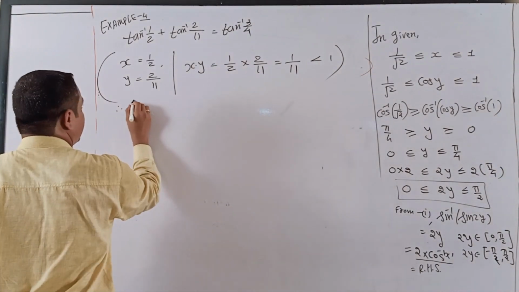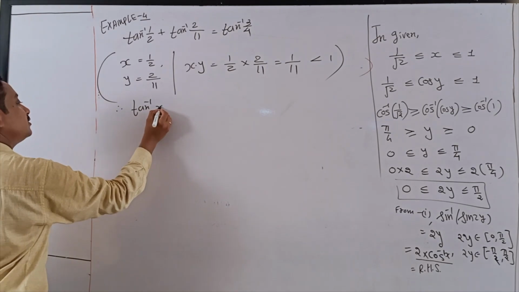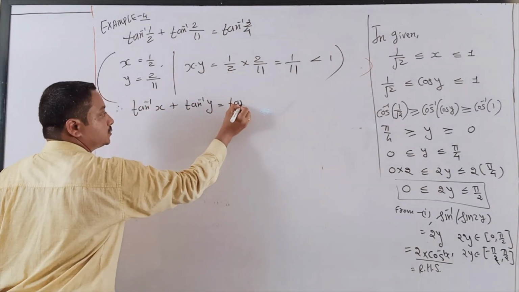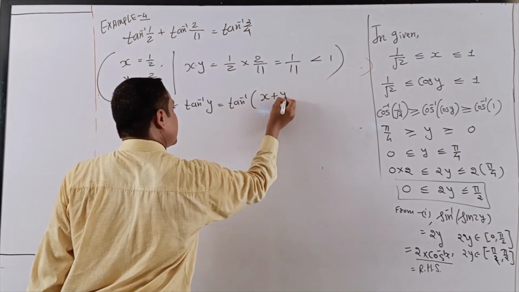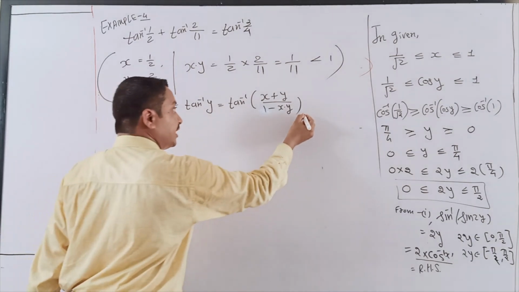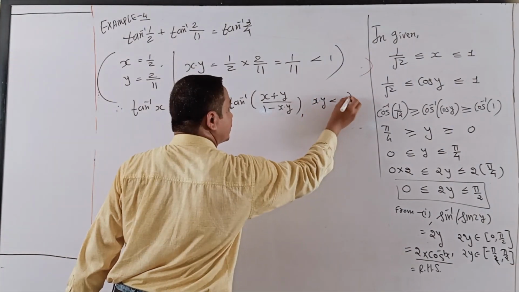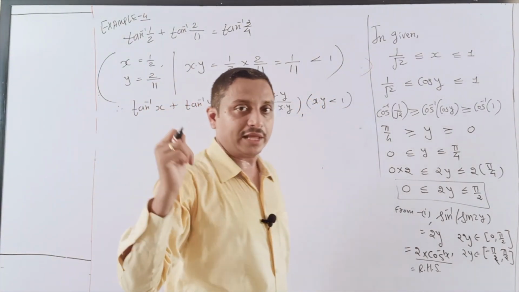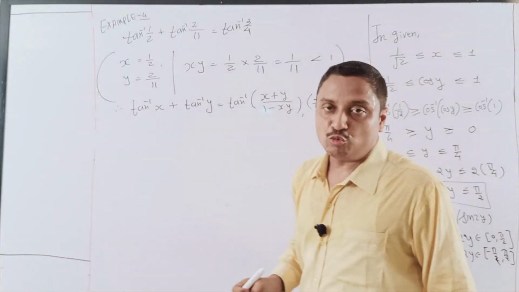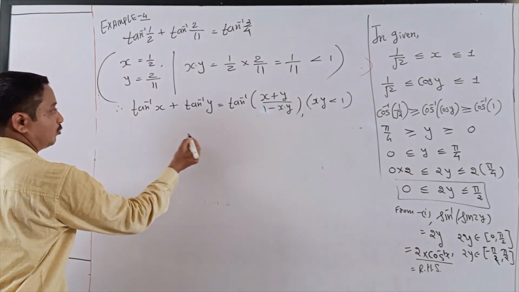So you write down the formula: tan inverse x plus tan inverse y is equal to tan inverse of x plus y by 1 minus xy, but necessarily xy less than 1. Then students, you apply that value. Now put x and y, half and 2 by 11 respectively, inside.